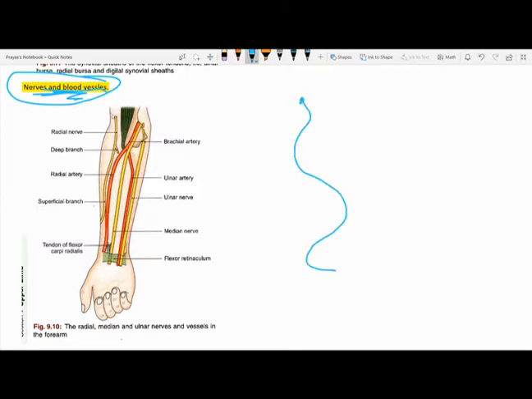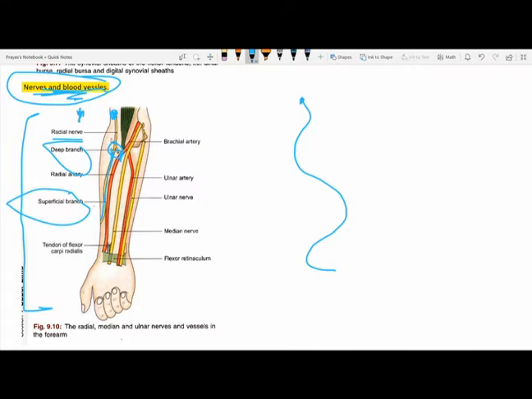For example, the radial nerve, while we are looking at only your forearm, starts here on the radial side, or the lateral side, goes there, and divides into two branches, a deep branch and a superficial branch. The deep branch goes further inside your arm, whereas the superficial branch remains superficial.